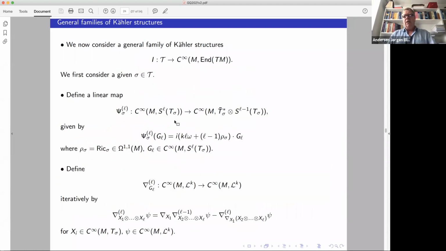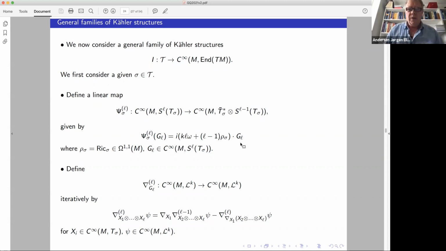If I go back to here, you see that what I'm contracting with is K times L times omega plus L minus 1 times the Ricci form. So if K is big enough, this form here is invertible. So it's not a problem to solve these equations here if K is large enough. And it could well be possible always. But we can certainly see that uniform in L, it is possible with large enough K to solve these.